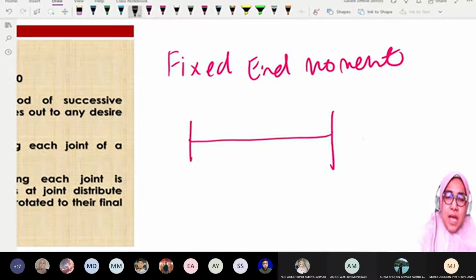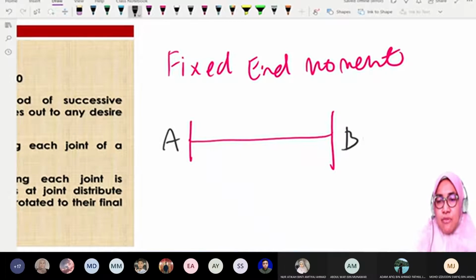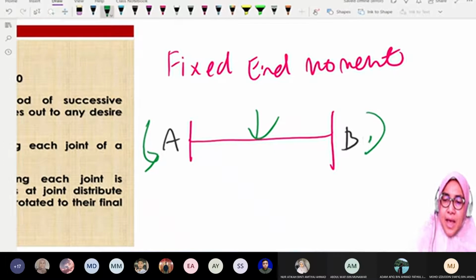Let's say this is A, this is B. This beam has two ends, and both ends are fixed. So the moment occurring at end A as well as end B is called the fixed end moment.